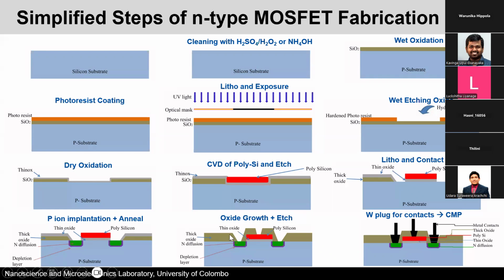And then again we can grow some oxide, do the etching, put the tungsten plugs, and then the CMP, and then you have a transistor on the silicon substrate, right? So this is a really simplified process flow for long channel MOSFETs. Nowadays, as I mentioned, it goes through a lot and a lot more processes.